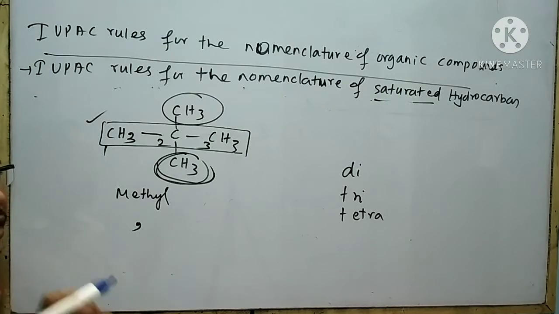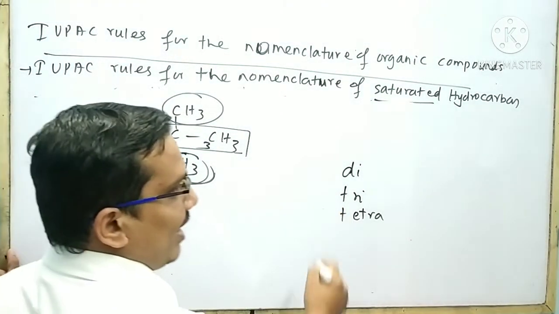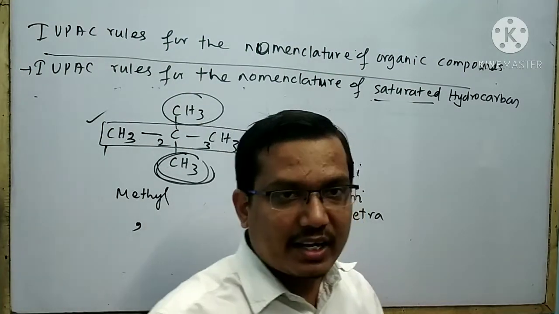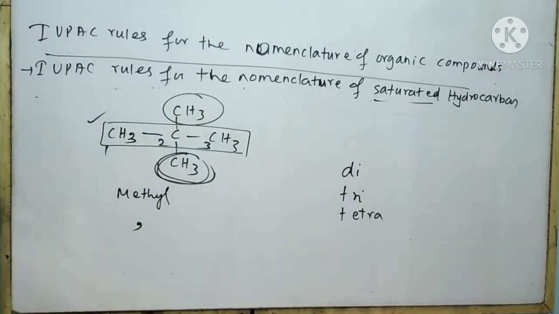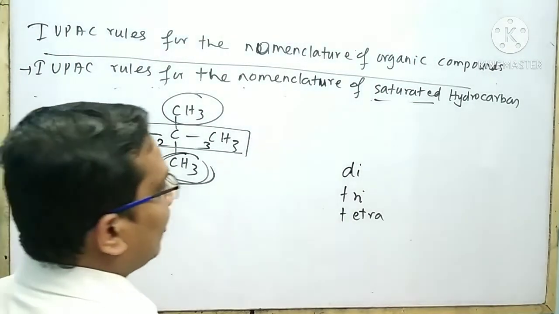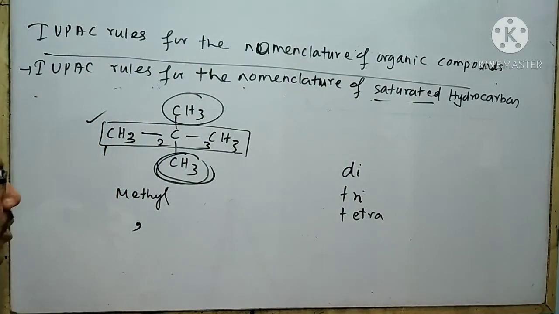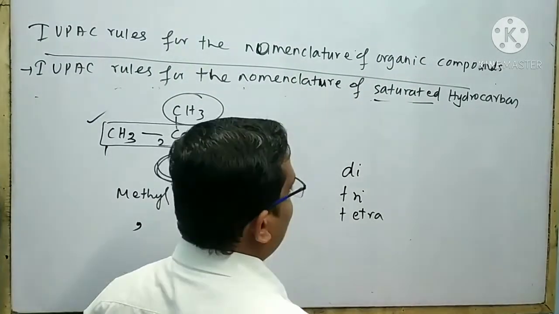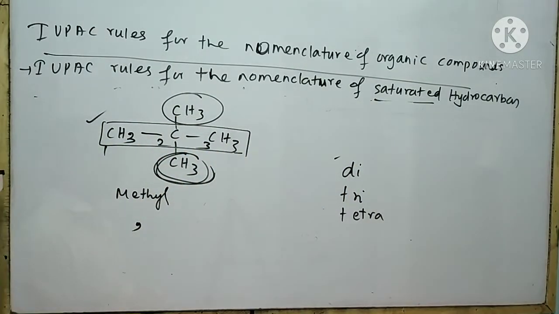Also remember an important point: the prefixes like di, tri, tetra, etc. are ignored while comparing the substituents in alphabetical order. That means when I arrange the substituents in alphabetical order, we do not think about the prefixes like di, tri, tetra.